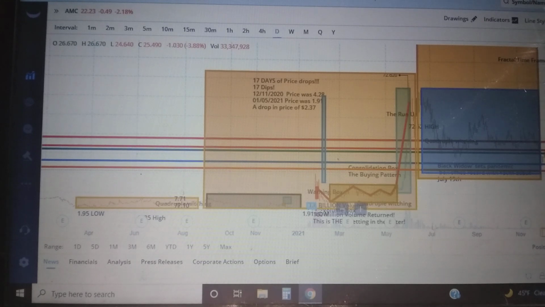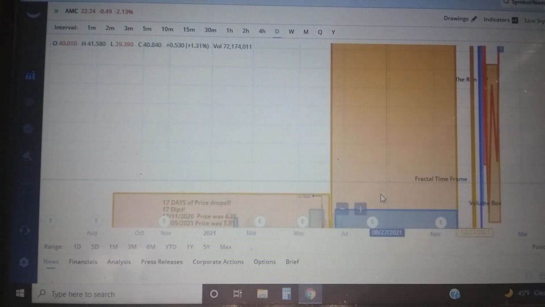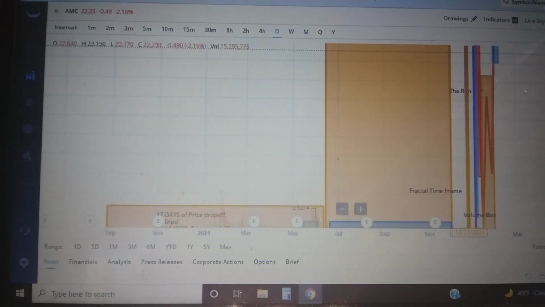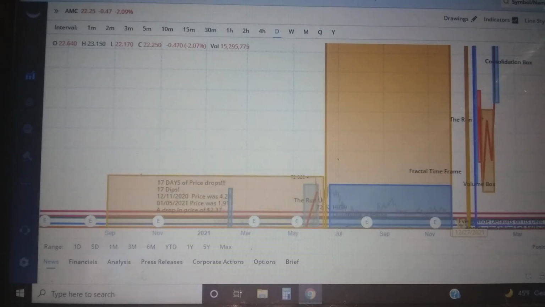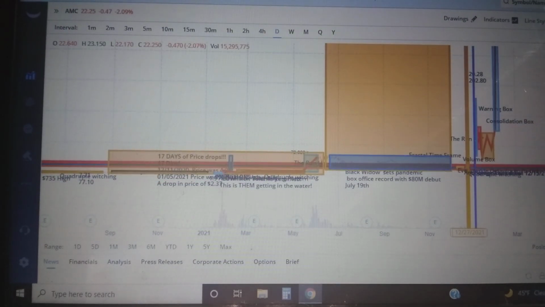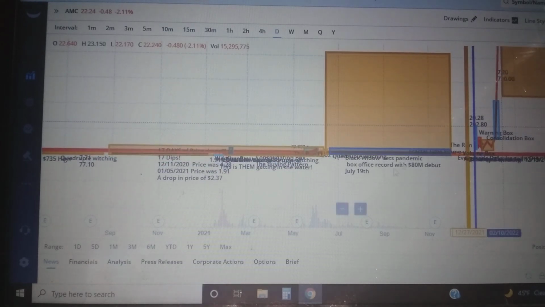So you just move the decimal place over one. Here it's 771. Here you move the decimal place, and the high was 72. And if you move the decimal place again on this fractal, it'll be 720. It's going to be so big. I mean, that's how big this rip coming is going to be.